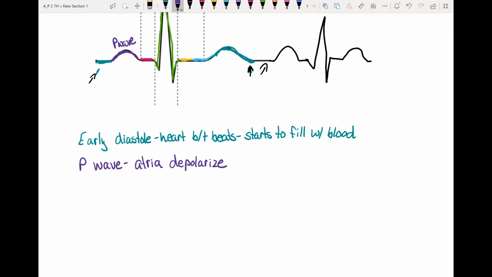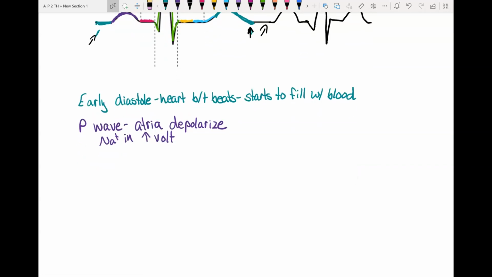So this is when sodium is entering the myocardial cells of the atria and raising their voltage. That rise in voltage of the atrial cells is what you see as this P wave.